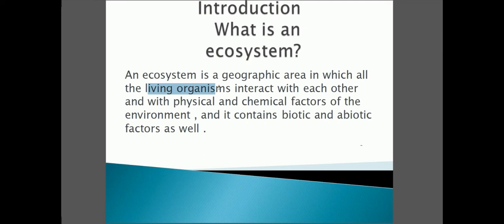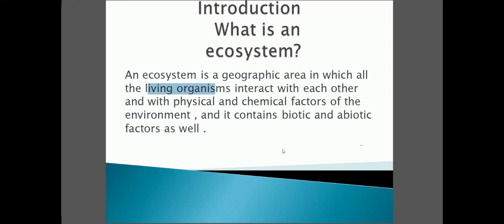That could be in the form of soil, minerals, or chemicals produced by plants, animals, humans, or microorganisms. This whole area of interaction between the organisms and the physical and chemical factors, we can call an ecosystem.